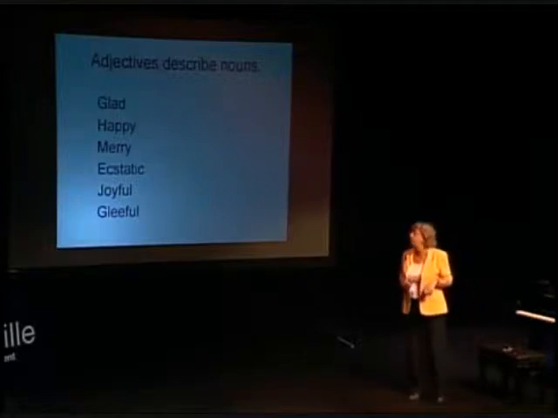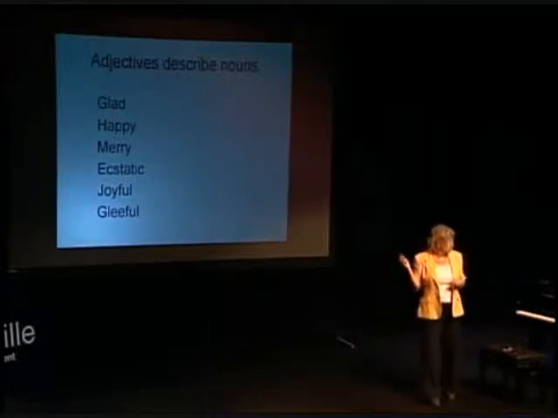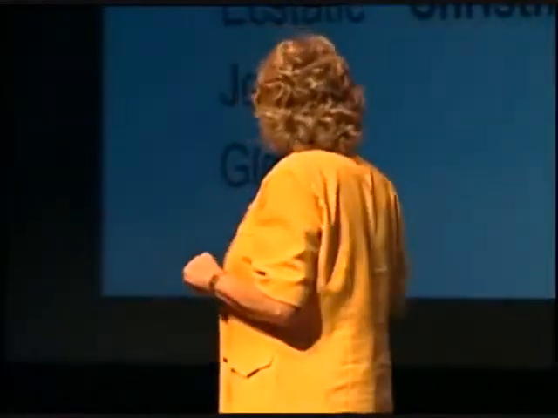Another tricky thing about English is we have so many words that mean pretty much the same thing. So there's a bunch of adjectives, they mean pretty much the same thing, but one and only one, collocates, goes together with Christmas. There's no such thing as gleeful Christmas. There's no such thing as glad Christmas. That is in English. And there's no Merry New Year, and there's no Merry Birthday. That is in English.